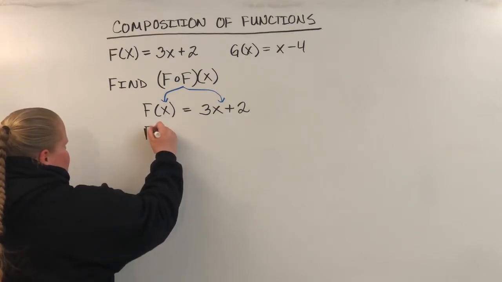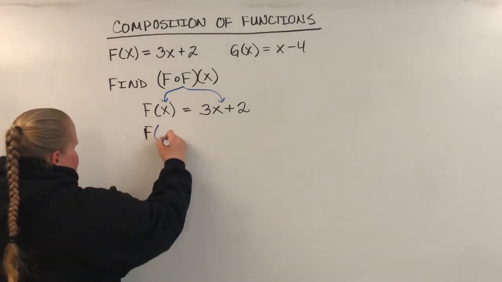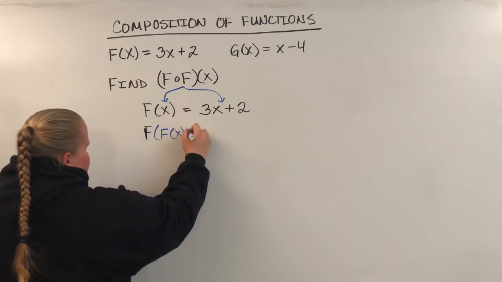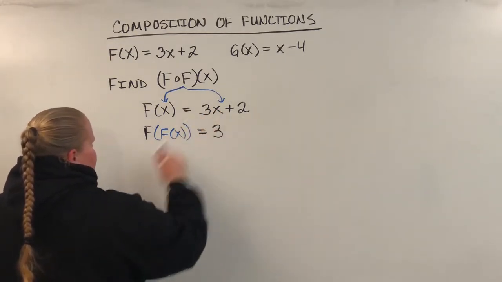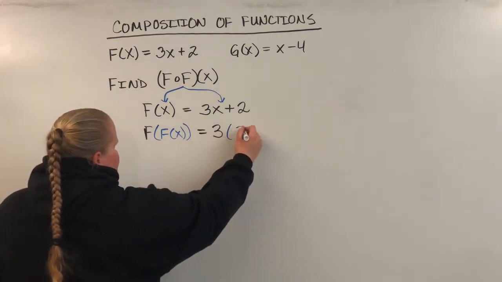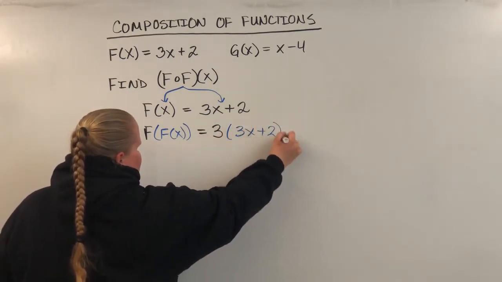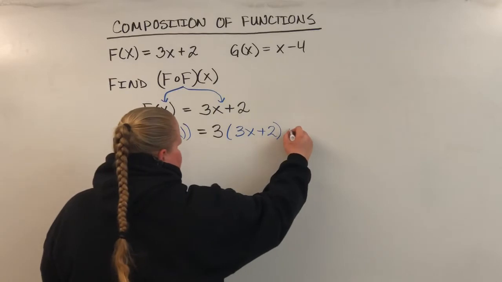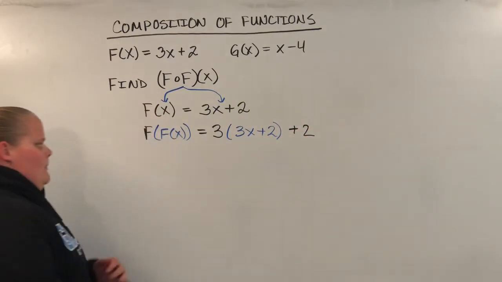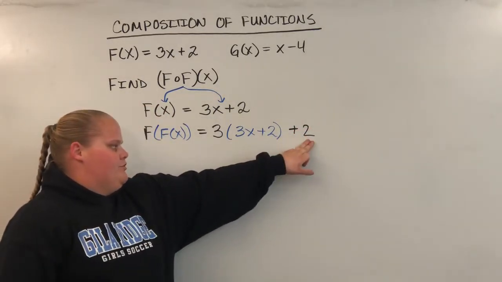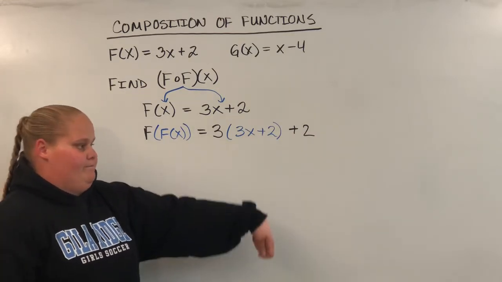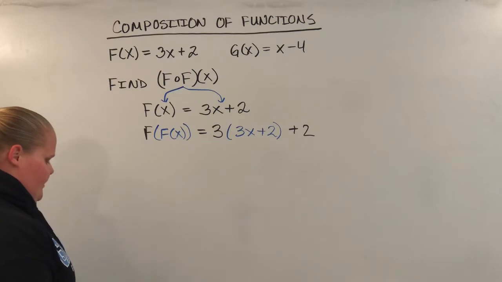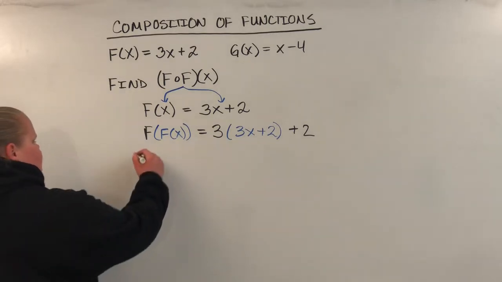So I have f of f of x equals 3 times 3x plus 2 plus 2. This is 3x plus 2, except instead of x, we have f of x. So that's what we plugged in. So now, just like all the other problems, I'm going to simplify.